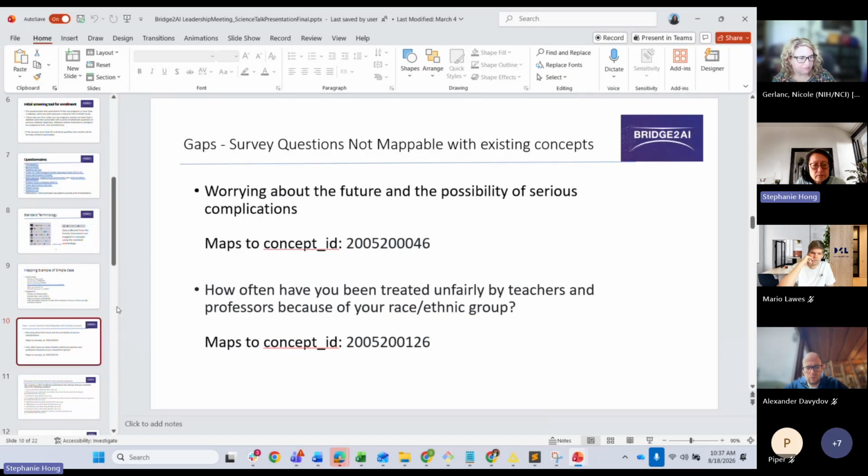And then there are times where questions that are being asked aren't necessarily captured within the OMOP vocabulary table. Things like worrying about the future and possibility of serious complication.